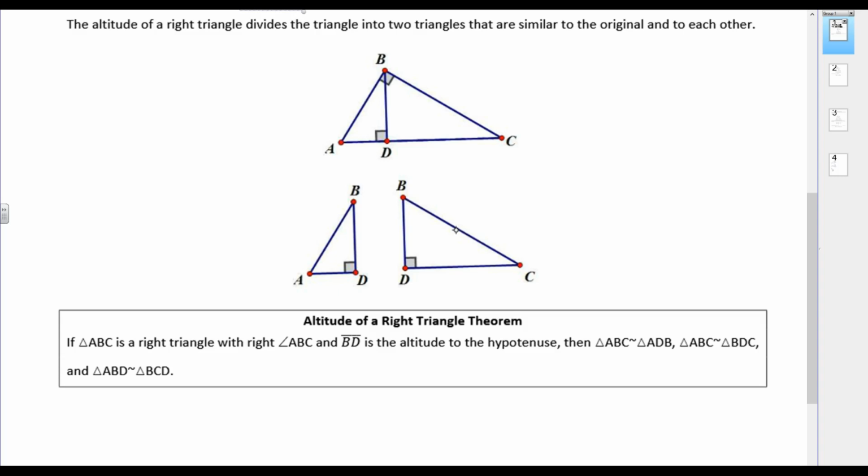They're all similar. So for example, the shortest side on this triangle is AB. It would be in proportion to AD, which would be in proportion to BD. And my long leg, BC, would be in proportion to the long leg on my tiny triangle, which is BD, which would be in proportion to my long leg on the middle triangle, which is DC. And all of their hypotenuses would be in proportion.